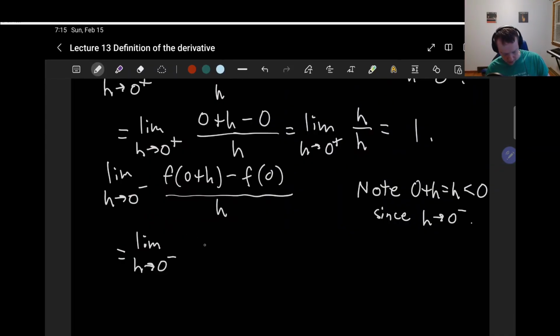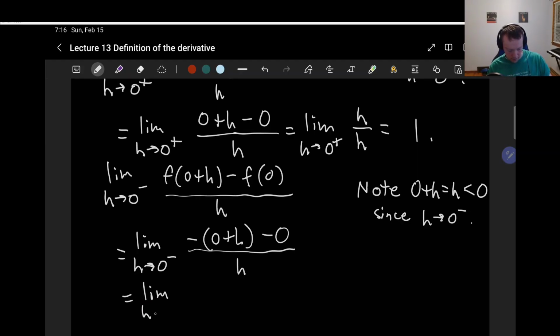So, all right, I'm showing some extra work here. The negative of 0 plus h, well, this is just negative h over h.